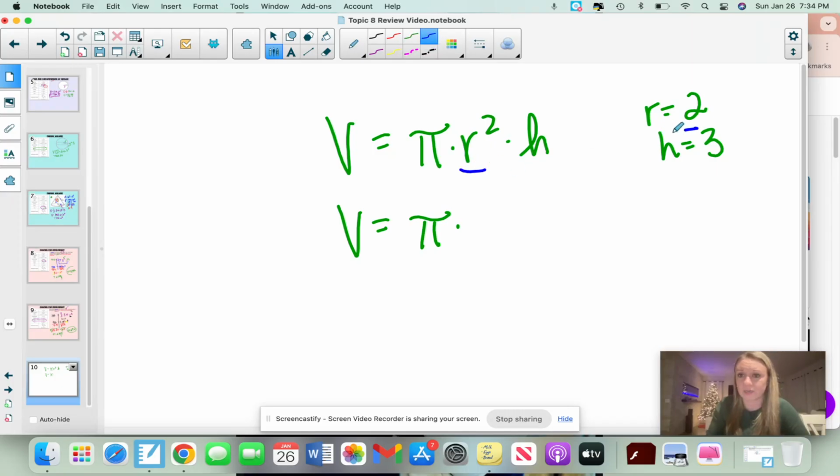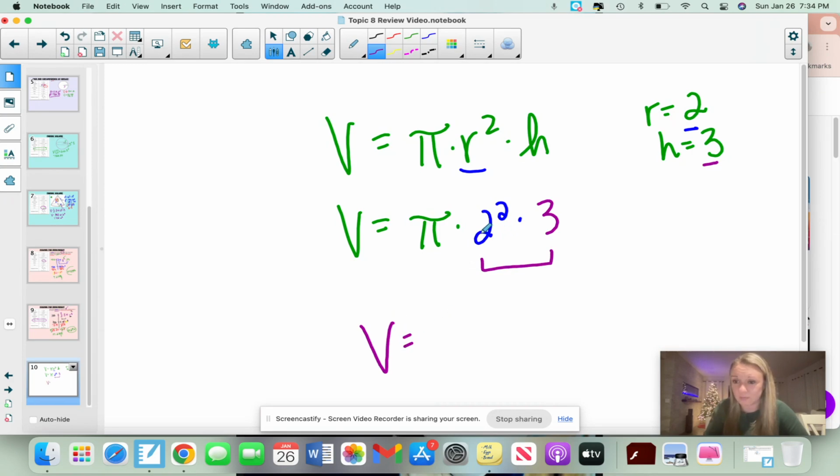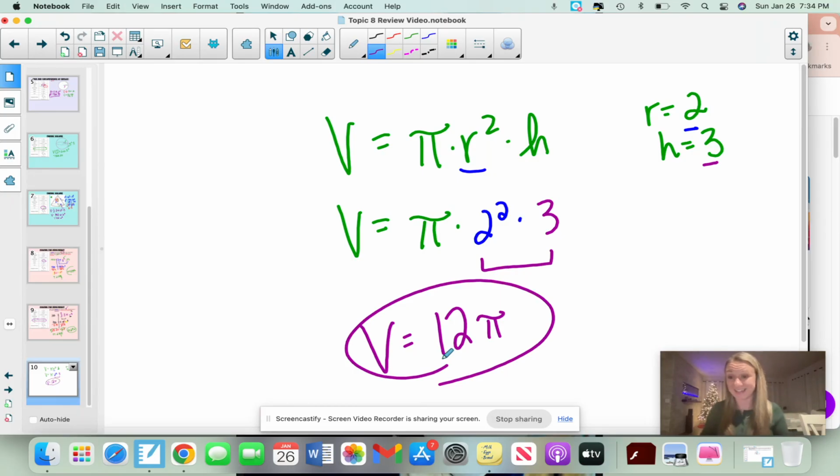So instead of r squared, it'll be 2 squared. And then instead of height, it'll be 3. But when you leave it in terms of pi, remember, you're just going to multiply these numbers together. So I know 2 squared is 2 times 2, which is 4, times 3 is 12. And then you just put the pi at the end. So that's the last thing.